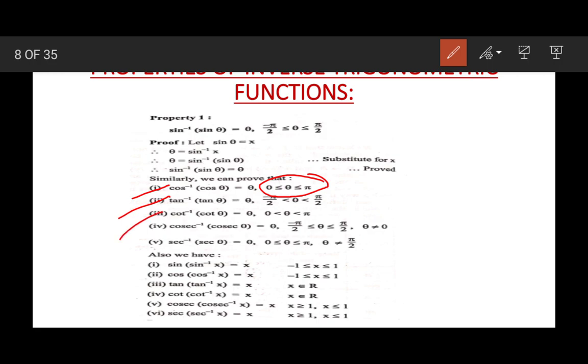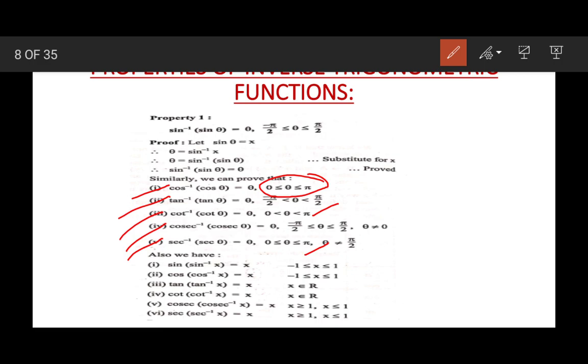Then cot inverse cot theta is equal to theta for the range 0 less than theta less than pi. Then cosec inverse cosec theta is equal to theta for the range minus pi upon 2 less than or equal to theta less than or equal to pi upon 2, and sec inverse sec theta is equal to theta for the range 0 less than or equal to theta less than or equal to pi.